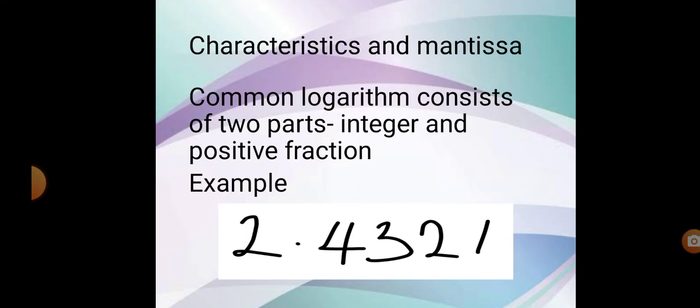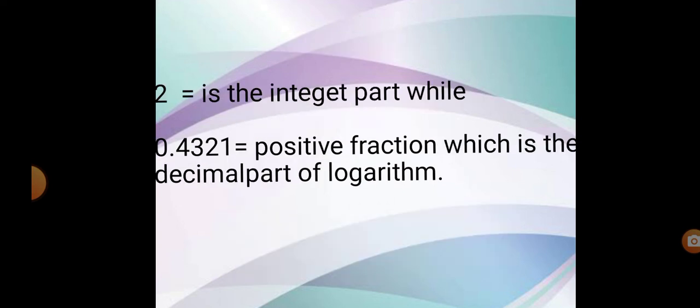The 0.4321 is known as the positive fraction, whereas your 2 is your integer, which can be positive, negative, or 0. So 2 is the integer part, while 0.4321 is your positive fraction, which is the decimal part of the logarithm.